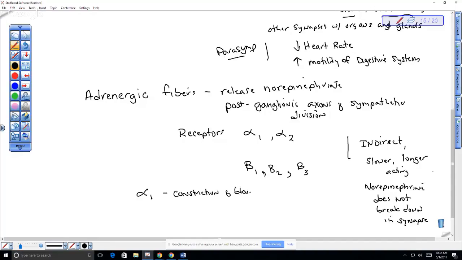So if the norepinephrine binds to the alpha-1 receptor, the blood vessel will constrict. But if it binds to beta-2, this actually causes the dilation of the blood vessels.